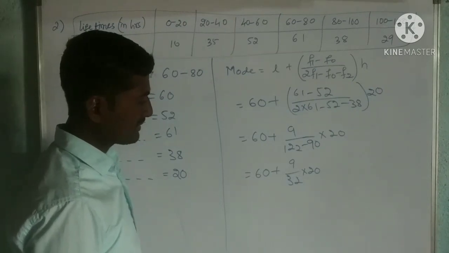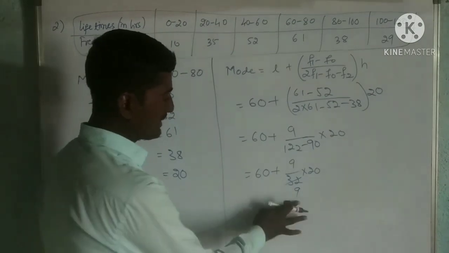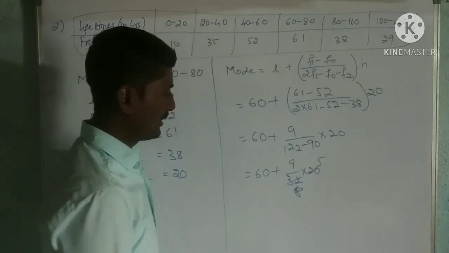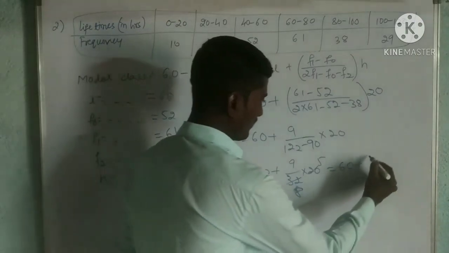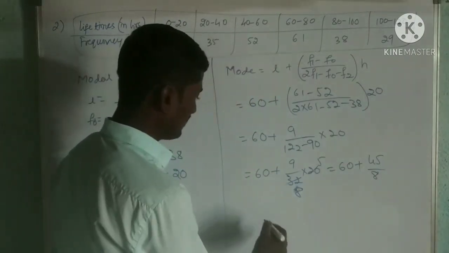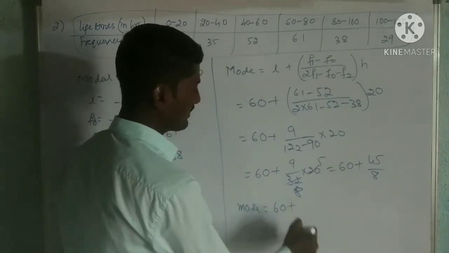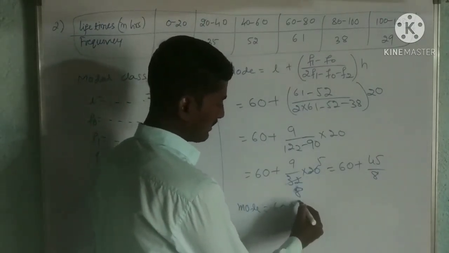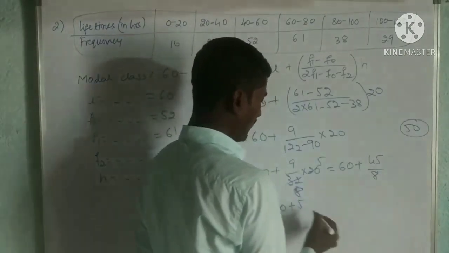Now we shall divide this. 60 plus 9 into 20 divided by 32, which is 180 divided by 32, or 45 divided by 8. Dividing, 8 fives are 40, remainder 5, it becomes 50.